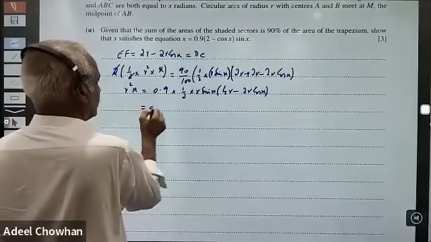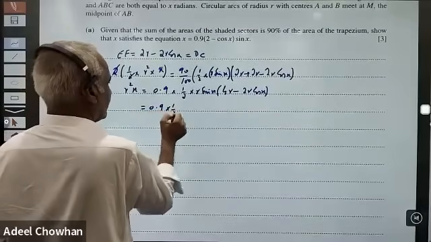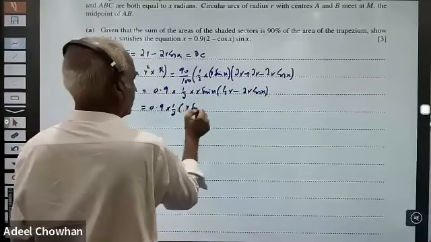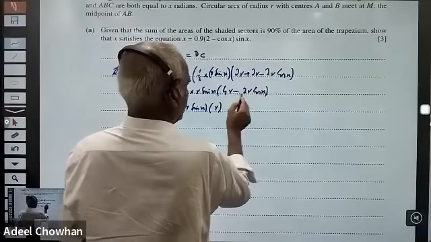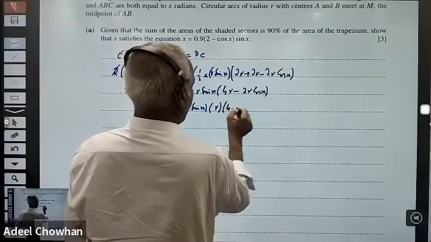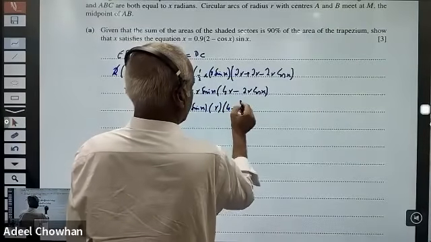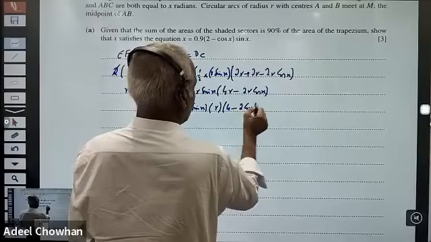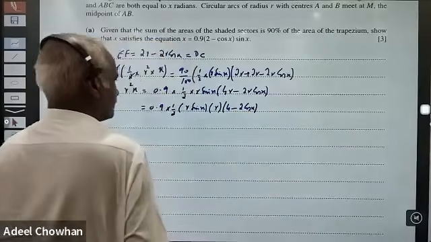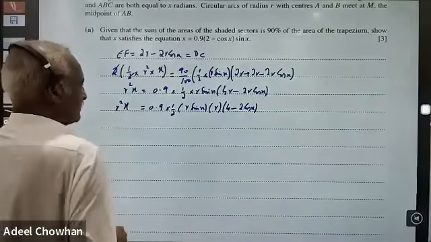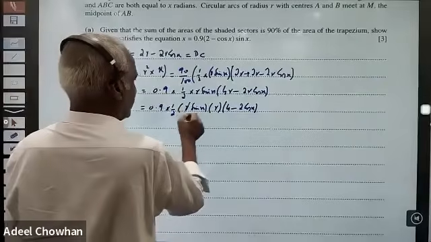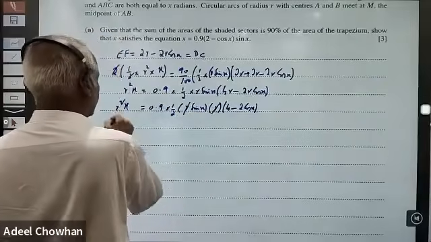So it should be equal to 0.9 into half into R sine of X, R is common. So that is equal to 4 minus 2 cos of X. That is equal to R squared X. So R and R squared cancel out.